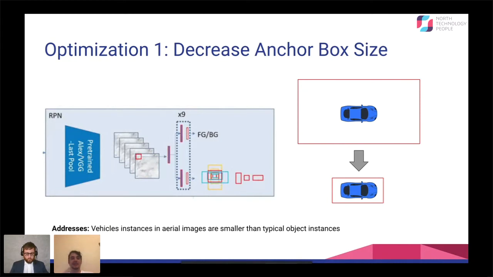The Faster R-CNN method is optimized for larger object instances, like I said, so these anchor boxes are going to be way too big for the vehicle instances. So the first very simple optimization is just to change a hyperparameter in the network that defines the size of these anchor boxes. In essence, what we're trying to do is make sure that the anchor boxes are closer to the size of the actual objects that we're trying to predict.